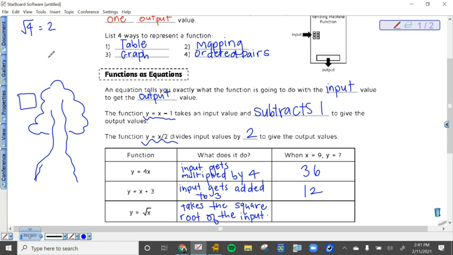Let's see if you can come up with the pattern. It's not dividing. Square root of 16 is 4. Square root of 25, 5. What does the square root mean?